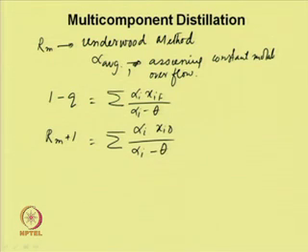So, these two equations should be simultaneously solved to obtain the minimum reflux ratio R_m. So, x_id are supposed to be the values at the minimum reflux. Alpha_i may vary, which can be assumed, or the average values can be taken, which we have discussed before, and the alpha value for the heavy key is considered as 1. So, from this we can calculate R_m by the trial and error method.